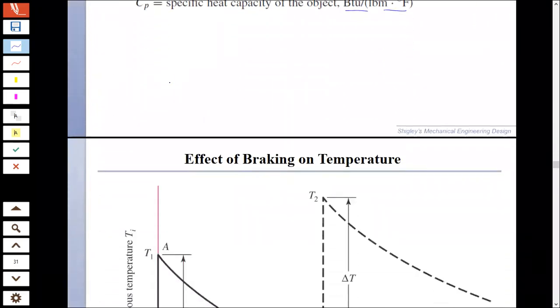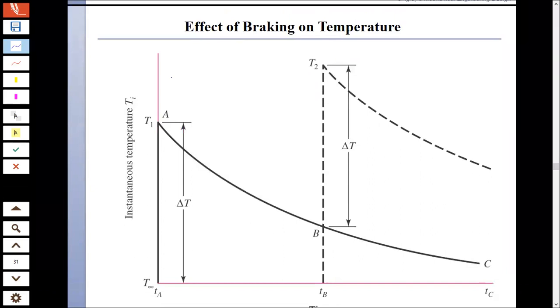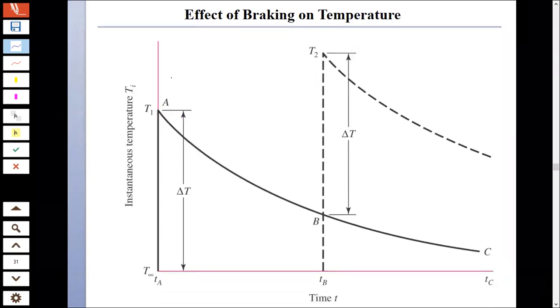Now, how does this apply to brakes and clutches? Let's see. If you look at this figure, this is the instantaneous temperature Ti, and on this axis is the time t, right? Let's say at first the temperature of the brake or the clutch is equal to the ambient temperature.